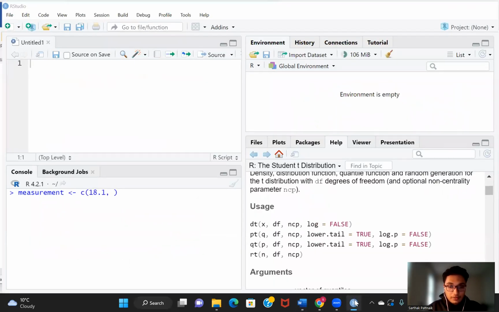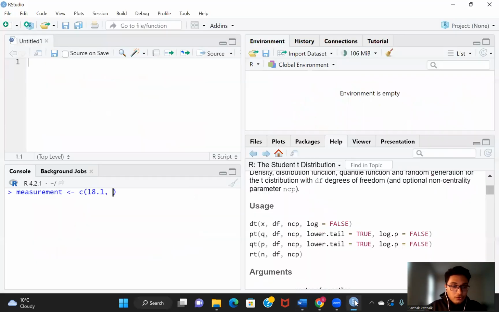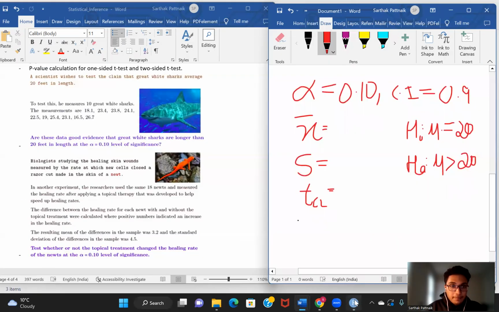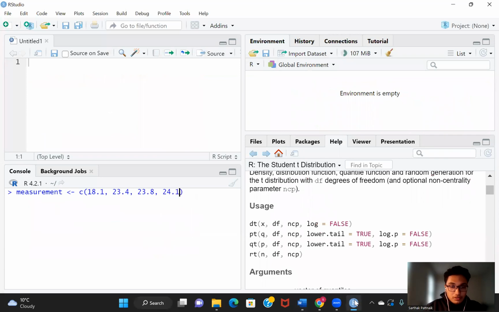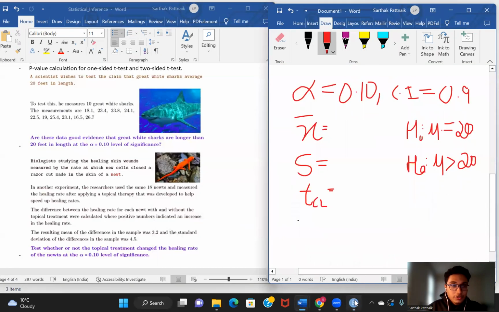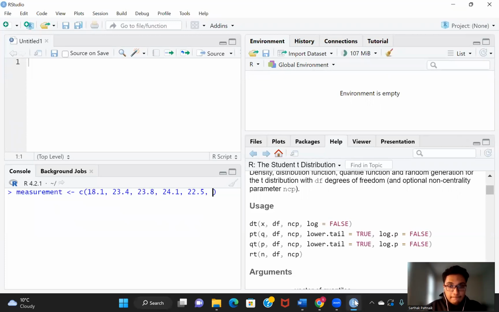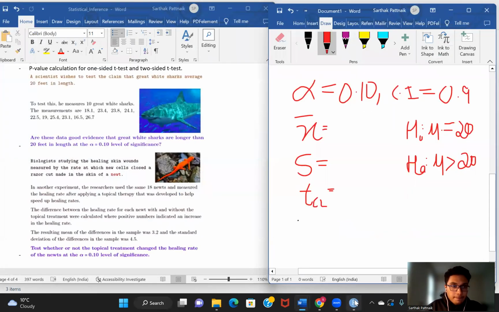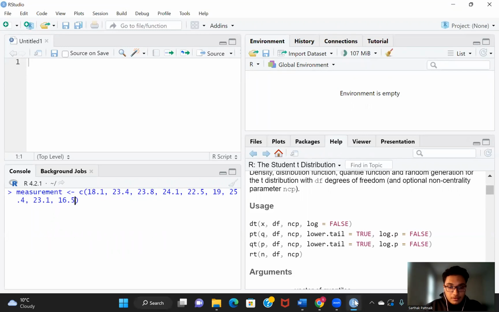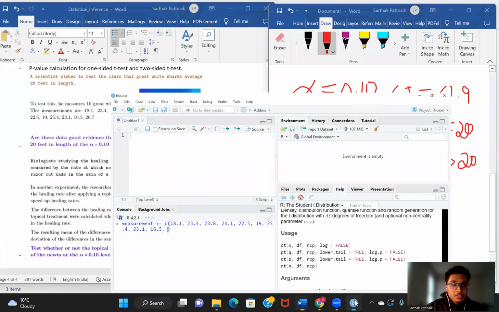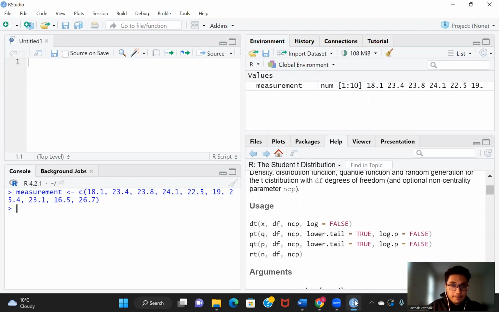So you have 18.1, 23.4, 23.8, 24.1, 22.5, 19, 25.4, 23.1, 16.5, and 26.7. Okay, so this is my measurement vector.